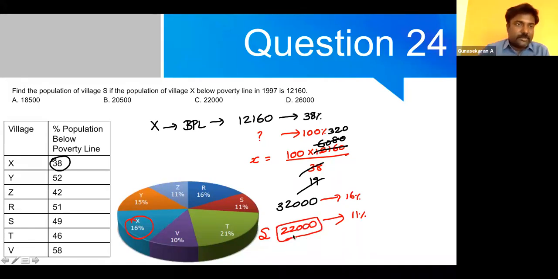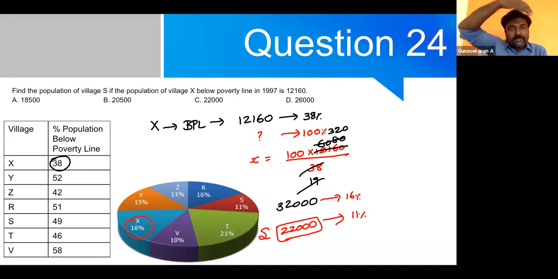Okay, question numbers 22 and 24 are reverse. In question number 22, if S population is given, we need to find X population and then BPL.